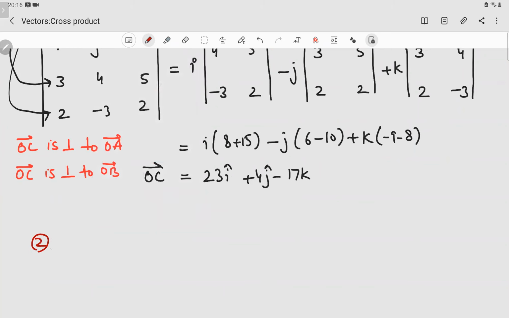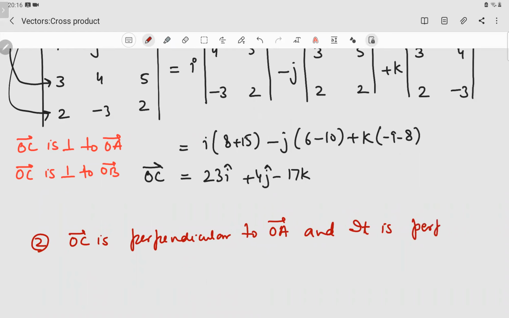So what should I comment about OC? OC is perpendicular to OA, and it is perpendicular to OB.